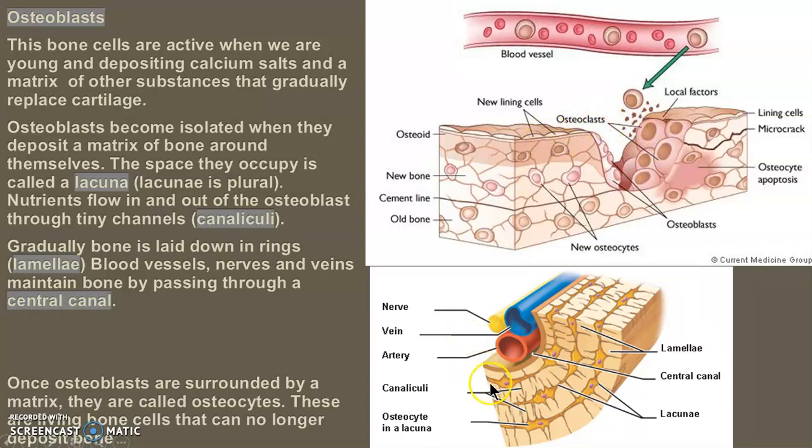There's a lacuna where these osteoblasts live. It's a little cave. And there's canals, canaliculi, that connect these guys, stay alive, to the central canal. Okay, so nutrients are coming in from arteries, and they're going to flow through these canals to keep our bone alive.